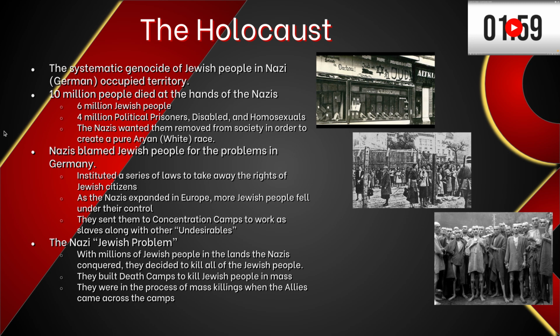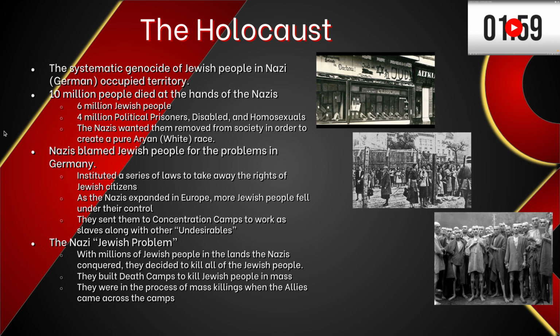So this first was within Germany, and we're going to get to the United States role on the next slide. But as the Nazis expanded, they took over more of Europe. That means that more Jewish people came under their control. And so eventually, they're going to have what they called their Jewish problem.